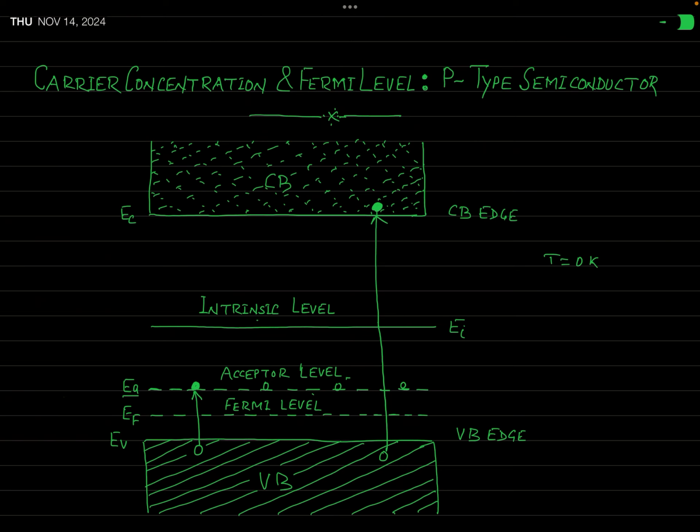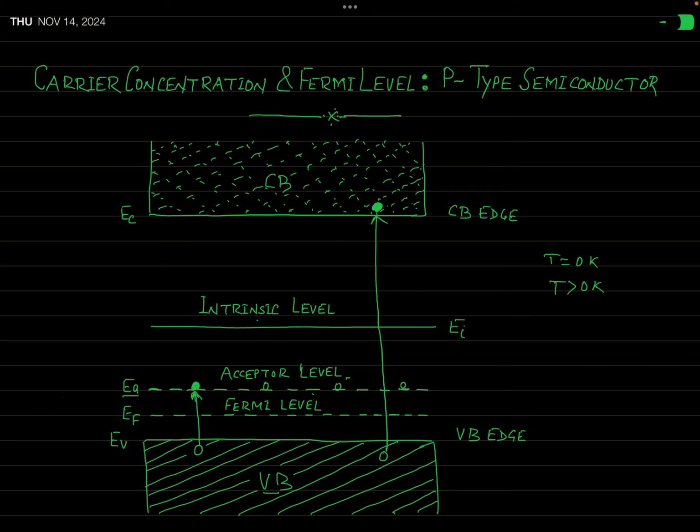But whenever there is a temperature T greater than 0 Kelvin, then what will happen? In that condition, some of the covalent bonds in this valence band get broken and electrons are released. And those electrons will move from this valence band to the acceptor level.